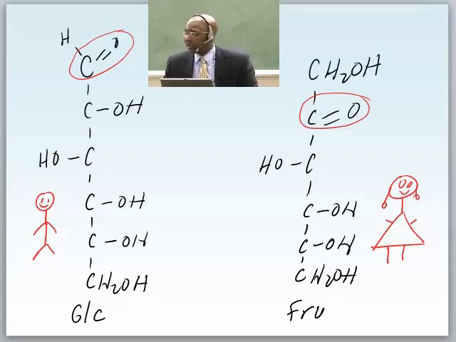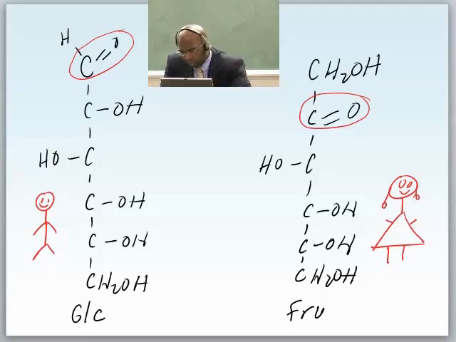Repeat that question, please. It does. It has the carbonyl. This carbonyl has the highest priority. So remember, when you're numbering carbon chains, you give the lowest number possible to the highest priority carbon.